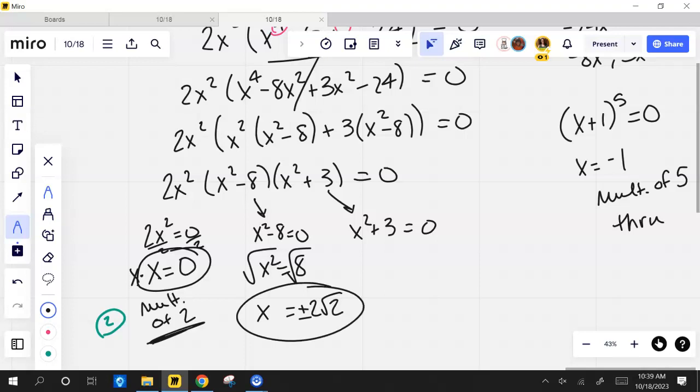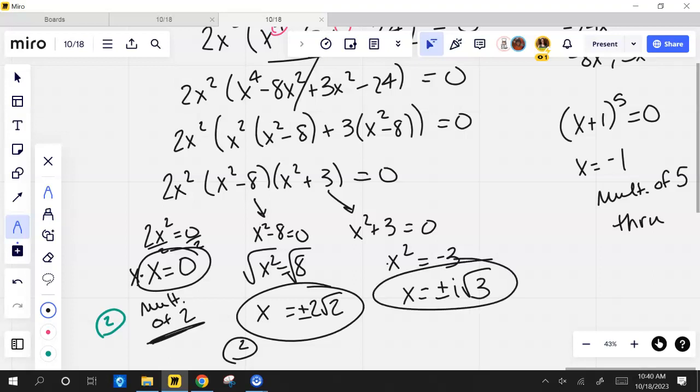So now I've got 4. And the same thing with this one. I get plus or minus, I'm going to do the i because it's negative, and there's my last 2. So there are my 6 solutions. The plus or minus is really saying i root 3 and negative i root 3.